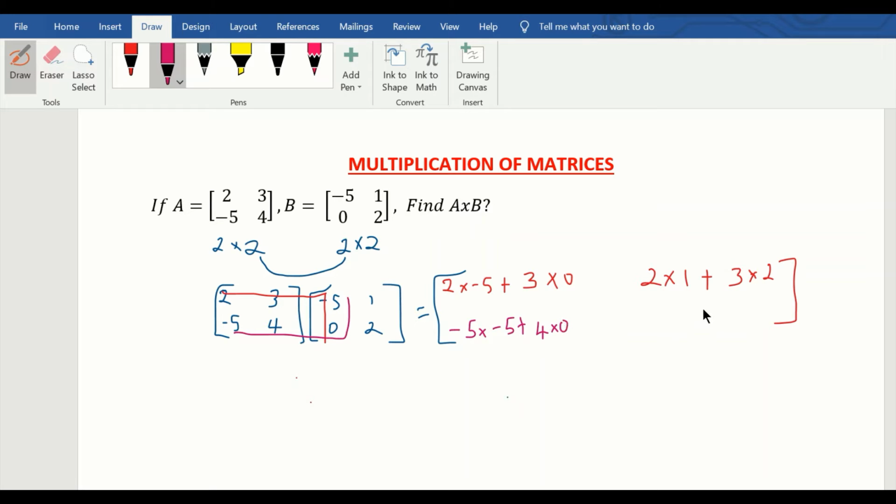Alright, so to get the other part of the matrix is the same thing, minus 5 times 1 plus 4 times 2.